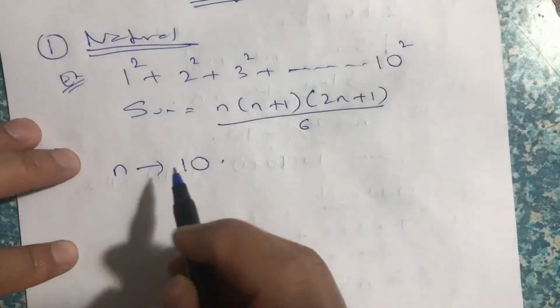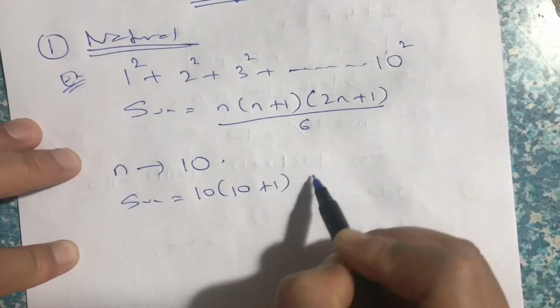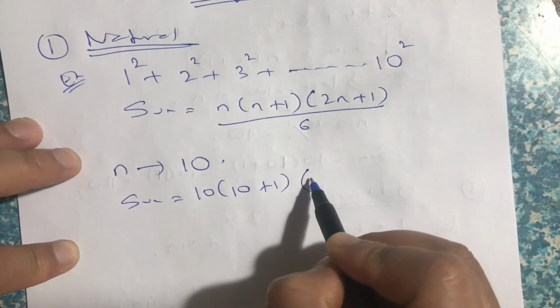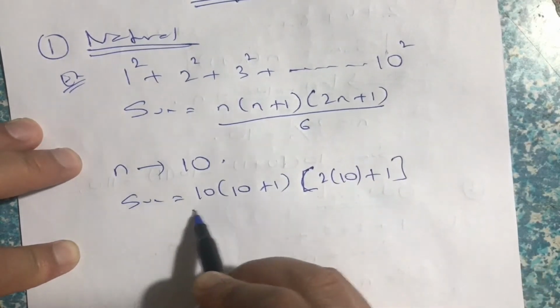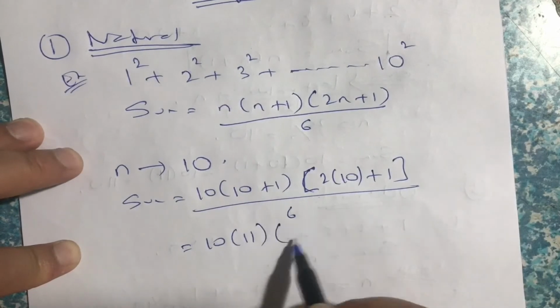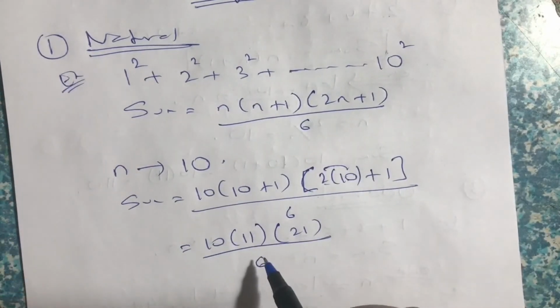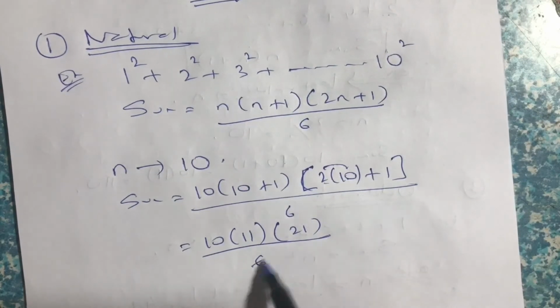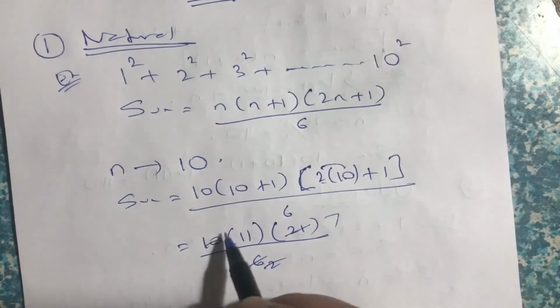So when I put the value of n over here, we get 10 into 10 plus 1, into 2 times 10 plus 1, divided by 6. So we get 10, then 11, and then 20 plus 1 is 21, divided by 6. And then we can cancel, if you want. 3 2s are 6, and 3 7s are 21, 2 1s are 2, 2 5s are 10.